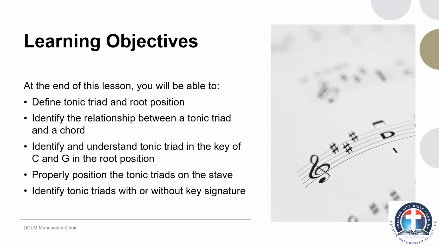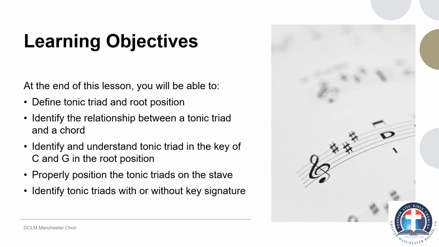You want to be able to identify the relationship or the difference between a tonic triad and a chord. You would also be able to identify and understand the tonic triad in the key of C and G in the root position.